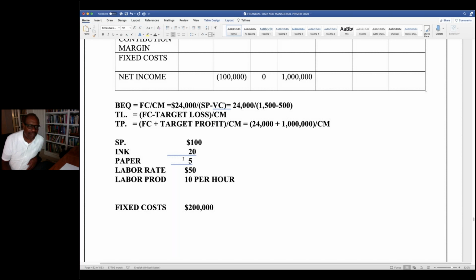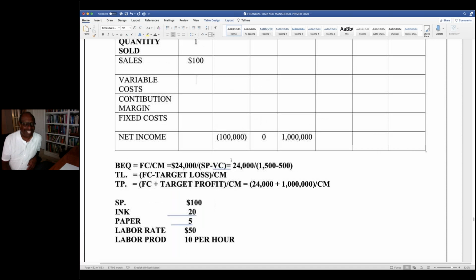I divided the $50 by 10, and then I added, so that's 5, and I added that to 20 and 5. Yeah, so finally she gets that right. Can you say that again? How'd you get 30? 20 for the ink, 5 for the paper. Since your labor rate is 50 and they make 10 per hour, it's $5 you divide.